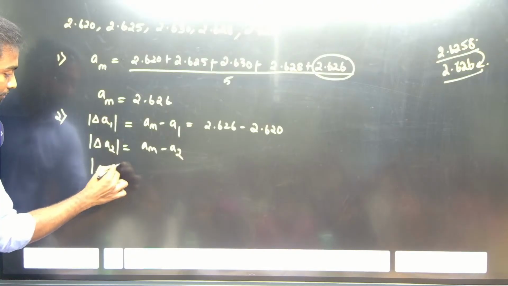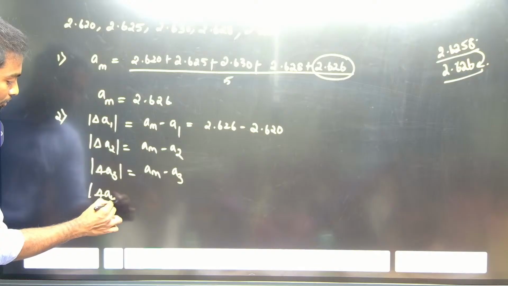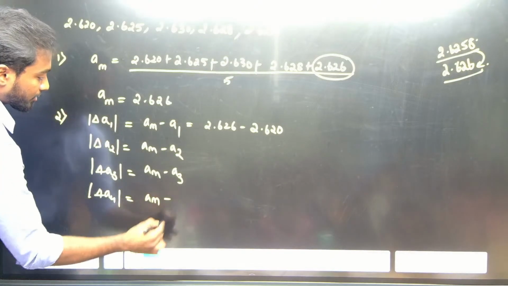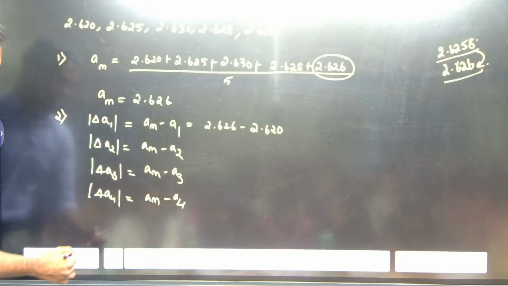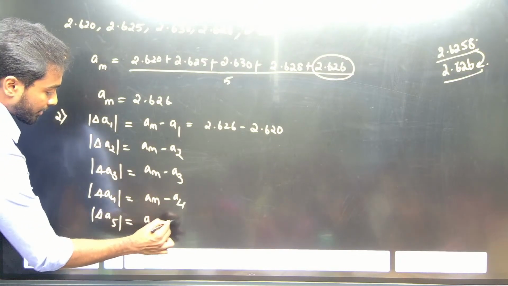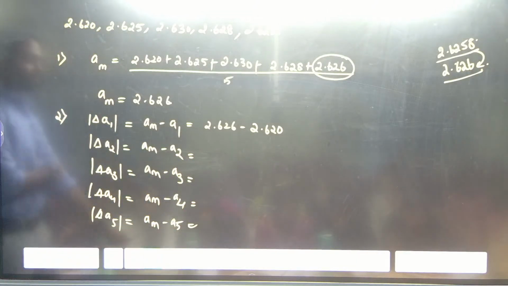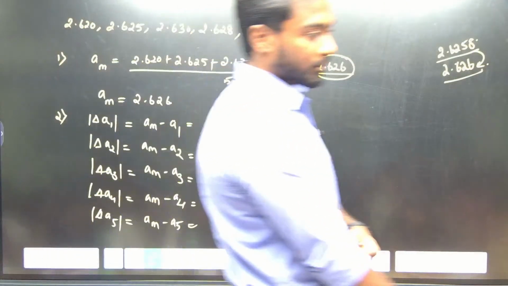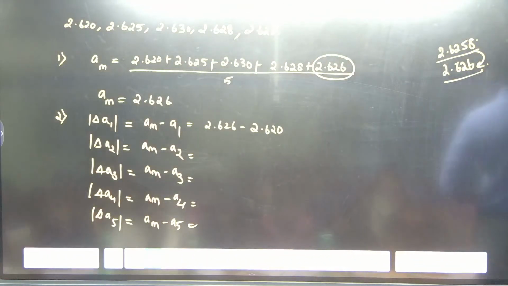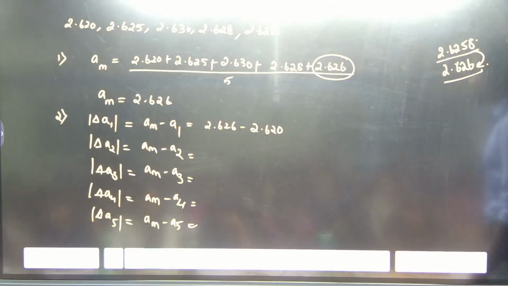Delta A3, A mean minus A3. Delta A4, A mean minus A4. Delta A5, A mean minus A5. So get the values of the five things. What will you get here? 0.006. The next one is 0.005.